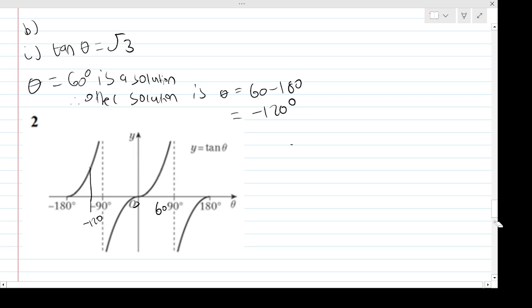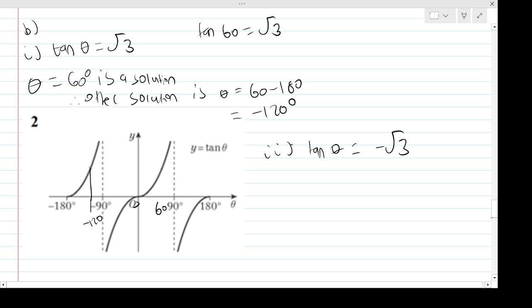Right. So then it says to solve for the next part, tan theta is minus root 3. So the angles or the values of theta, which gives me minus root 3. So 60 again is for positive root 3. They told me that tan 60 is root 3. Remember in the question?